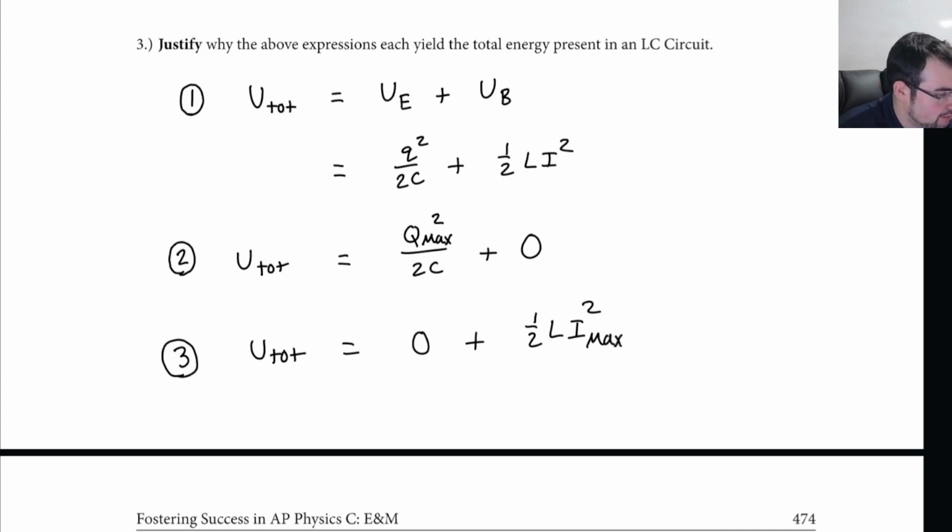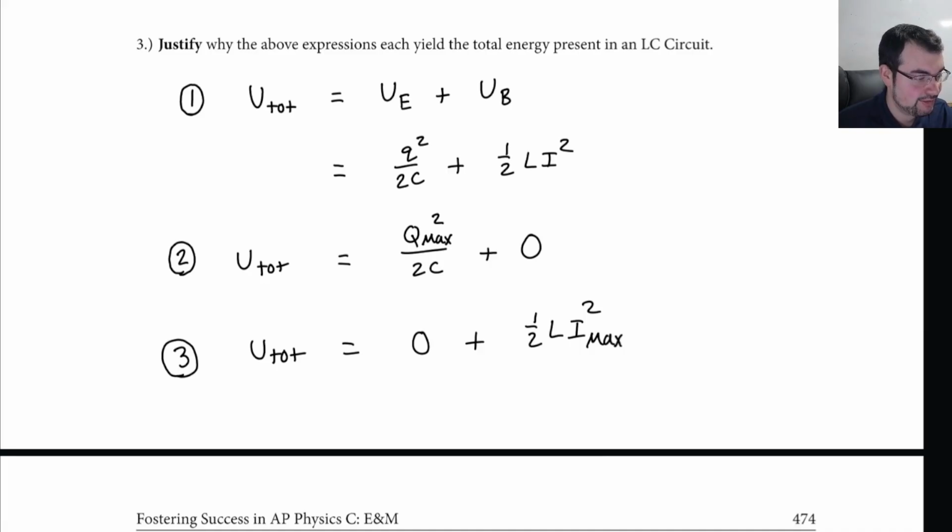So realize this is very similar to a mass spring system, because you can find it by summing your spring energy and kinetic energy at any time. You could take your maximum spring energy, which relates to the maximum stretch, or you could take your maximum kinetic energy, which relates to max speed. So why are these mutually exclusive? Like, why can you not have any of the other energy type when you're maximized?